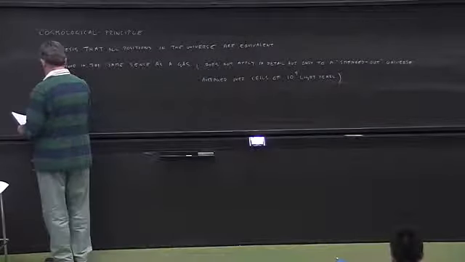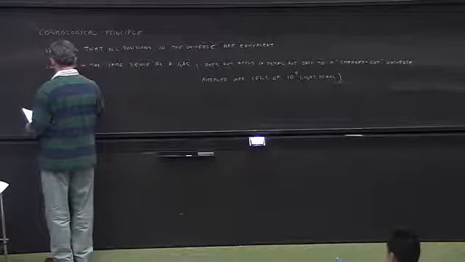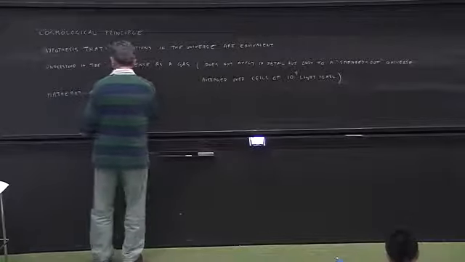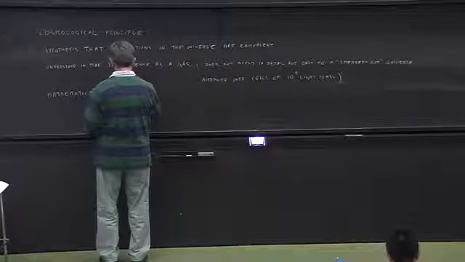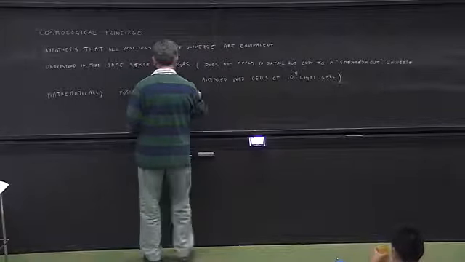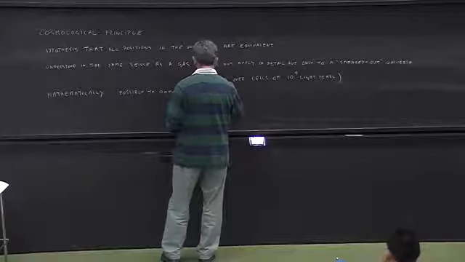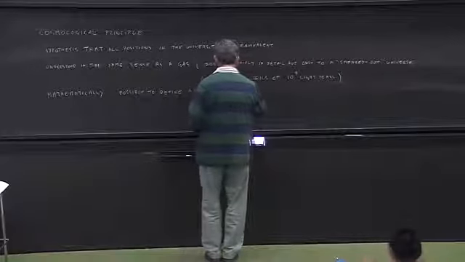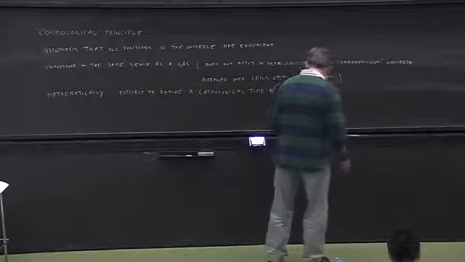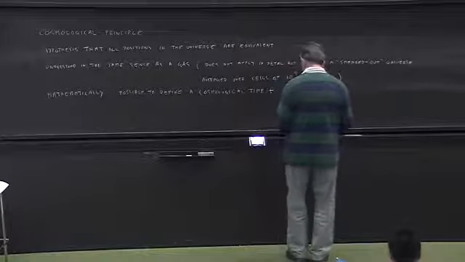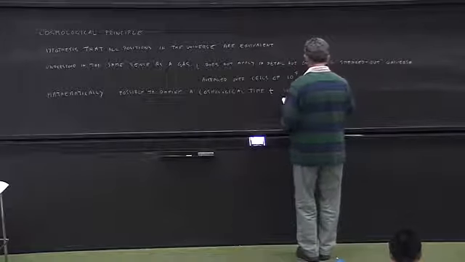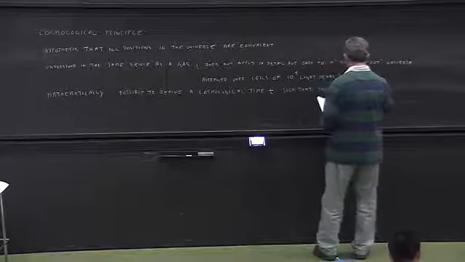So mathematically, what does that mean? It's possible to define a cosmological time t such that the properties of the universe depend only on t.